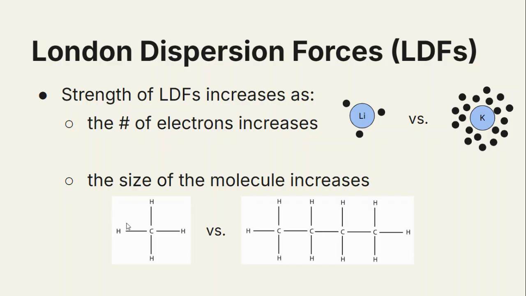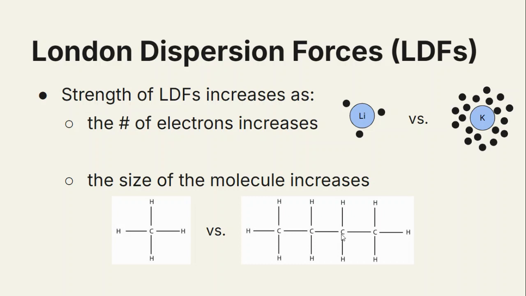So looking at these two molecules, this is methane, this is butane. Butane would be able to form stronger LDFs than methane because it's bigger, so therefore it contains more electrons. And when those electrons are unevenly distributed, it'll form stronger partial charges than the methane.